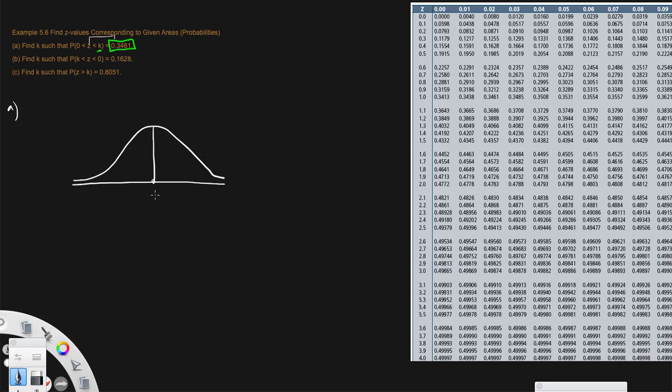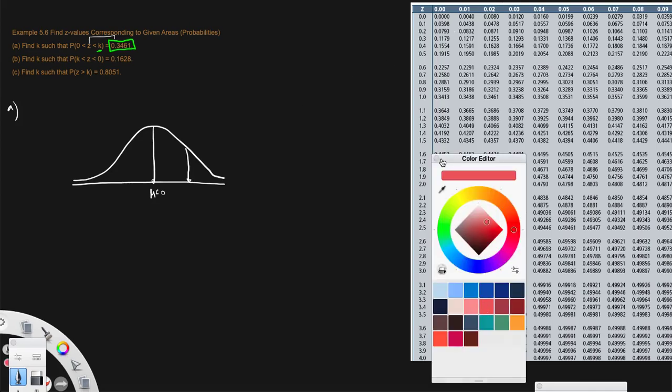So we know that your mu is 0 because we're working with a standardized table, and 0 is less than z, so your probability is less than that k limit. I'll choose a different color.